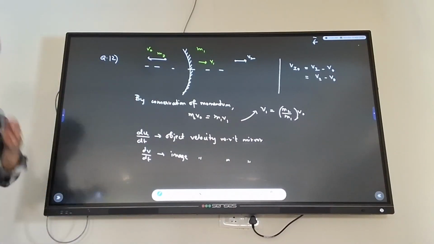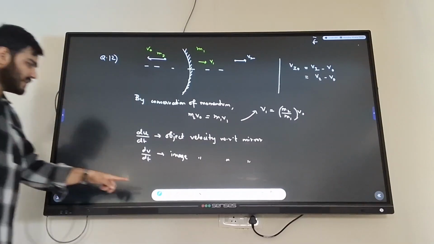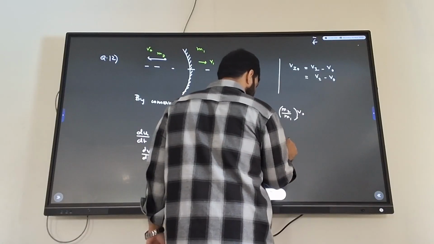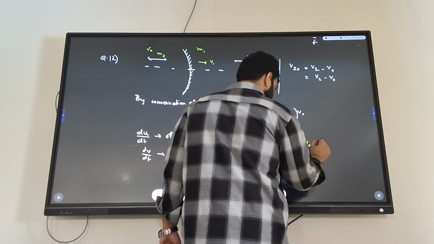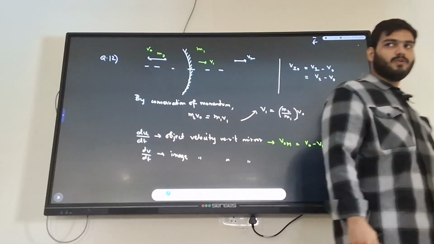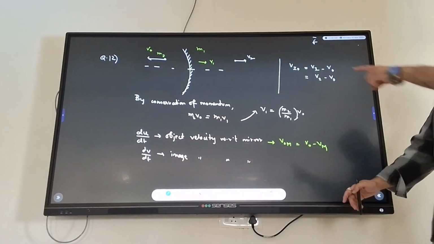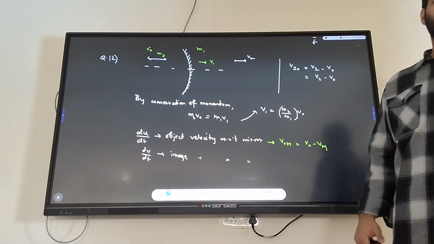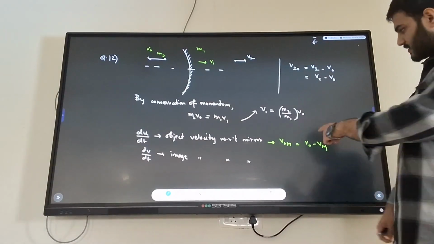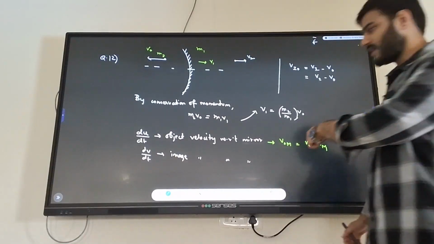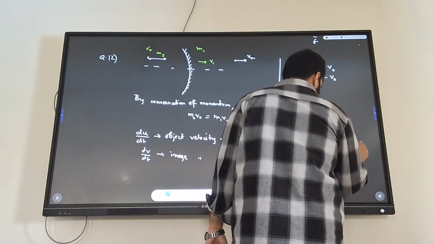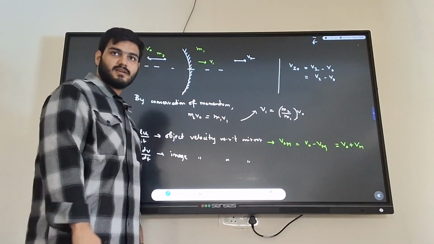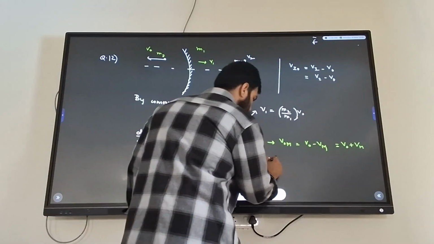If I write the object velocity with respect to mirror, this should be vo minus vm. But what is vo? Is vm in the same direction or opposite direction? Opposite. Should I add them? I should add. What will I get? vo plus vm.